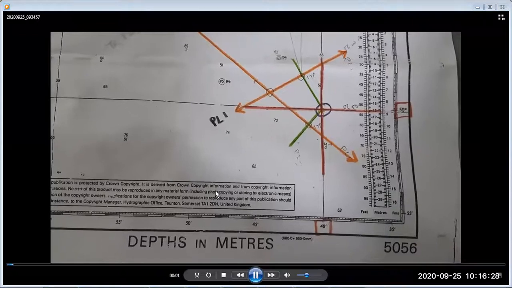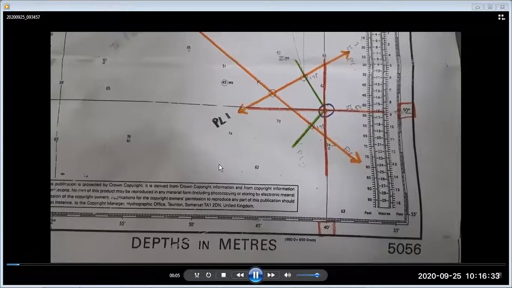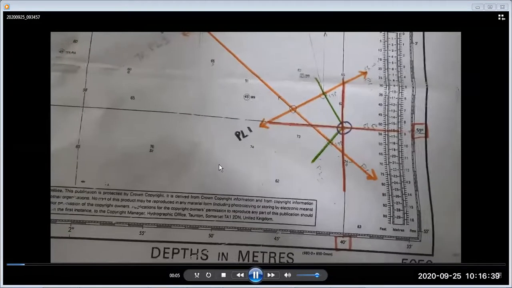So we start with this chart 5056, where we have this DR position, 50 degrees north and 1 degree 40 minutes west. This is our DR position, and from here we have the azimuth and two intercepts to draw the PLs. So we have marked this first intercept towards, 330, 2 miles towards.